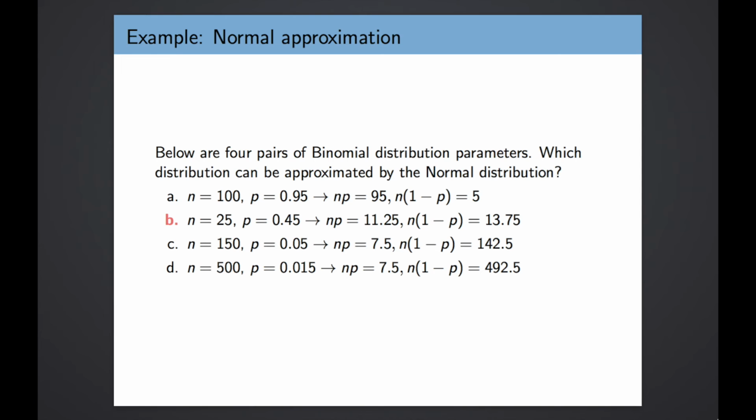In case C, n times p is only 7.5. In case D, n times p is only 7.5. But in case B, np is 11.25 and n times 1 minus p is 13.75. So in that case, even though n is the smallest out of all of these examples, because of the value of p, this is the case in which the normal distribution would be an okay approximation for the binomial.